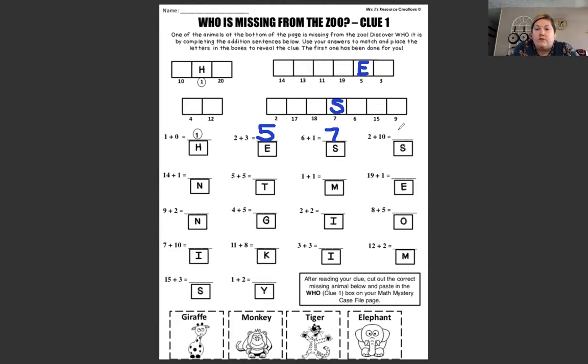Okay. So just for time's sake, I'm going to go through and show you the answer to the first puzzle. 10 is T. I'm not going to write all the answers in there, guys, because I want you to actually work on these.